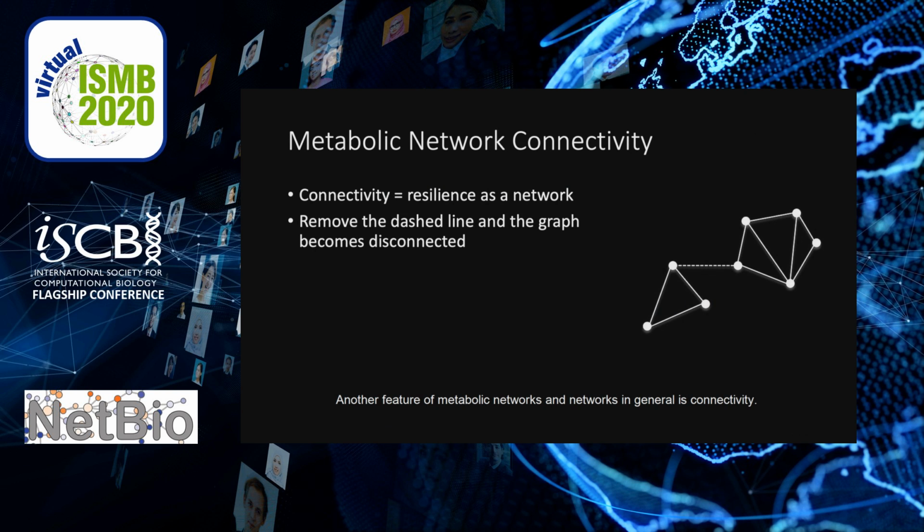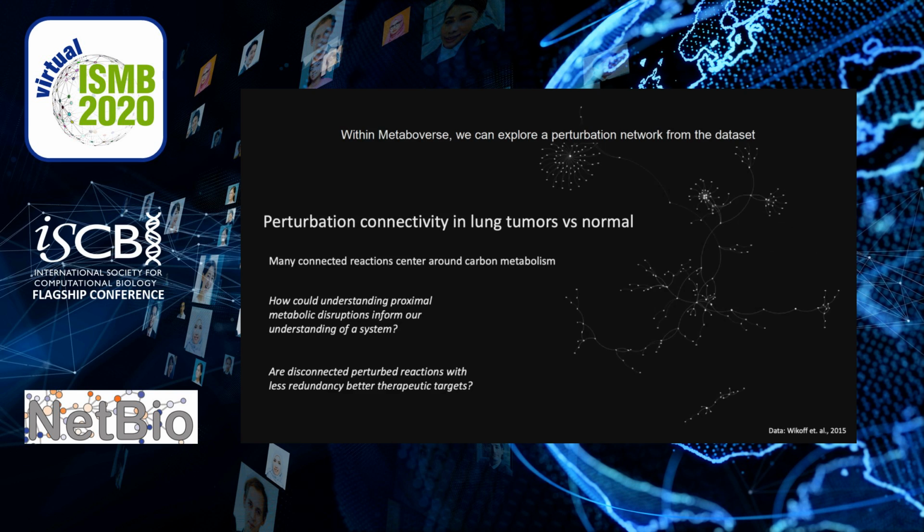Another feature of metabolic networks, and networks in general, is connectivity. The consequences of network connectivity in biology are straightforward. You remove, for example, a transport reaction of a vital metabolite, which can be signified by the dashed line, and the downstream reaction chain breaks down. Within Metaboverse, we can explore perturbation network from the dataset by stitching together all the reactions with at least one perturbed component.